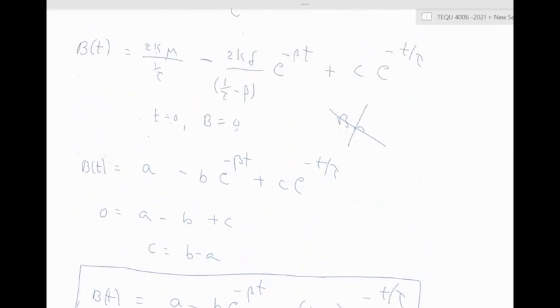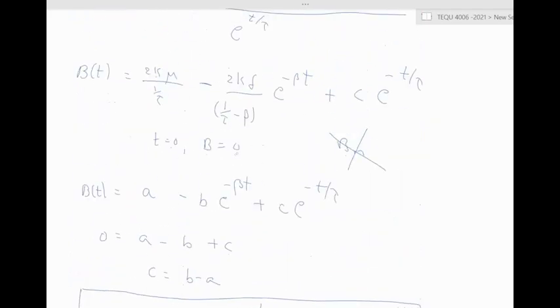Now, if we look for that definition of what it is, we get the A value is 2k mu over 1 over tau. So if we remember what mu was, notice that 1 over tau is tau, and that mu is alpha beta. Let's look for it anywhere here.